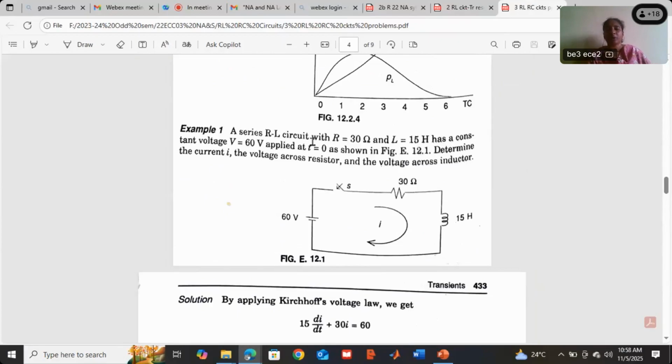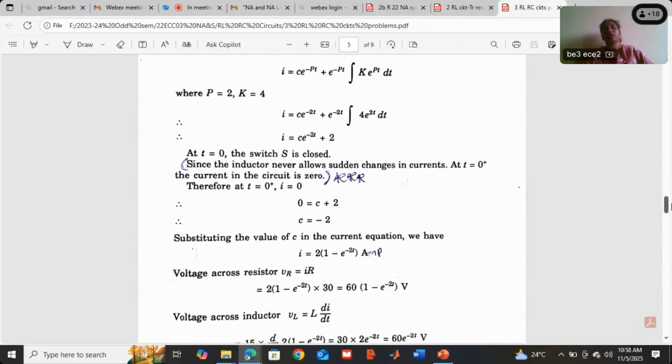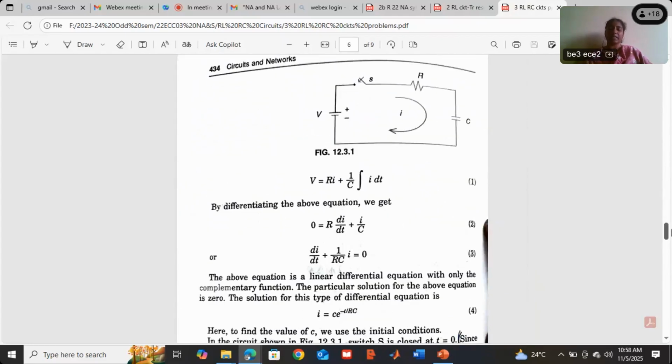R value is given, L value is given, supply voltage is given. They are asking to find current I, VR and VL. Directly substitute in equations 1, 2, 3 and simplify, that's all. You need not follow this lengthy procedure. I will copy-paste the question and tell you to solve it using the equations, substitute and simplify only.